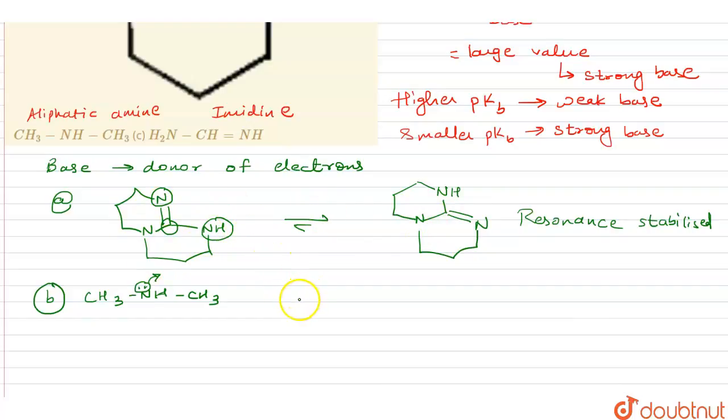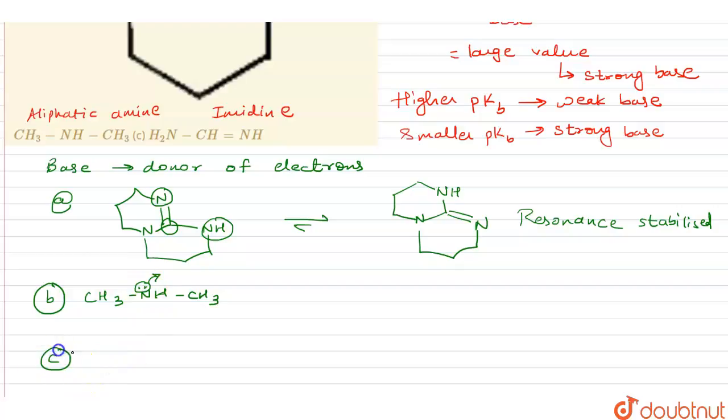So definitely B is going to show me a lower pKb value, or otherwise I would say it is going to show the availability of this lone pair of electrons easily.